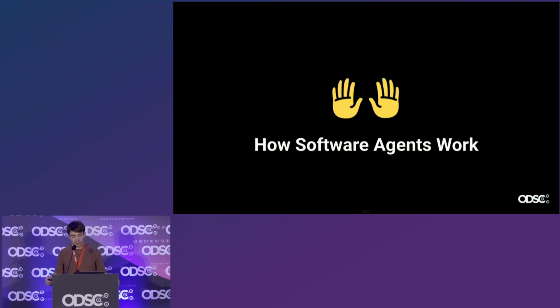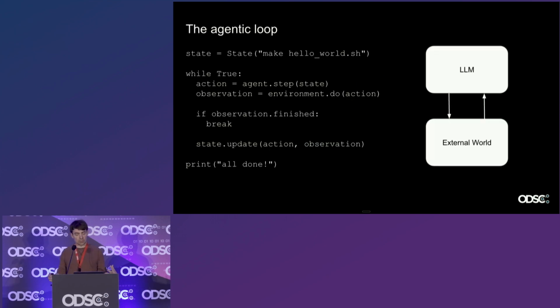So I think if we want to learn how to use software agents effectively, it makes sense to talk about how they work under the hood. At its core, the agent is this loop between an LLM and the external world. Basically, we start with some kind of prompt, like making a hello world script. We send that up to the LLM. We get some kind of action back from the LLM, like: I want to read this file, I want to run this command, I want to browse this web page.